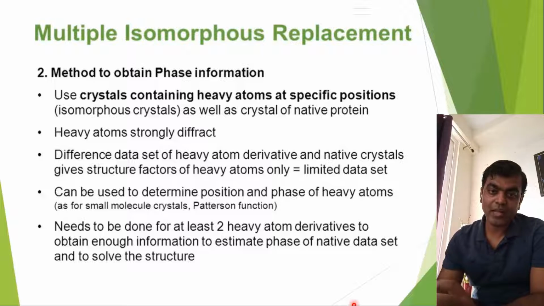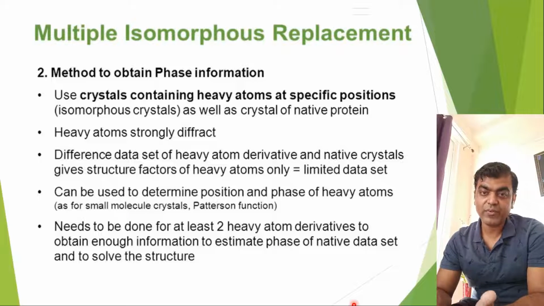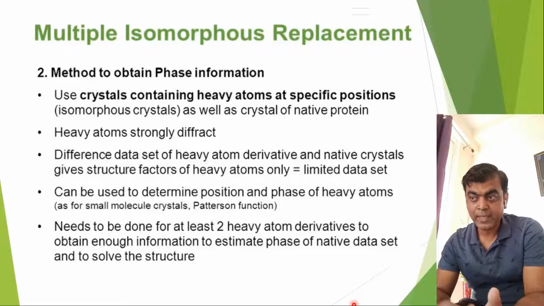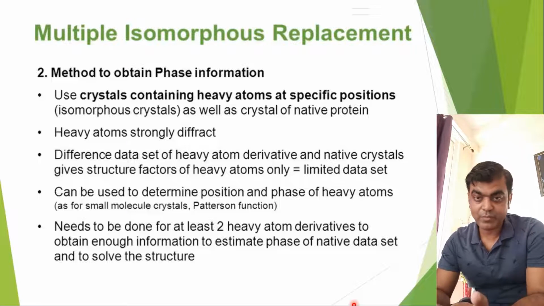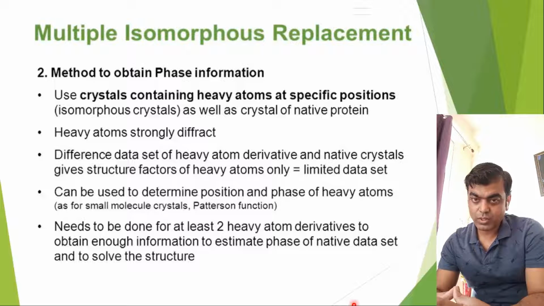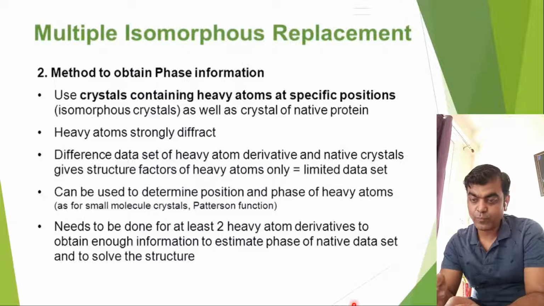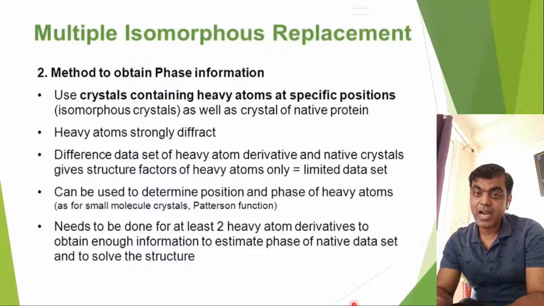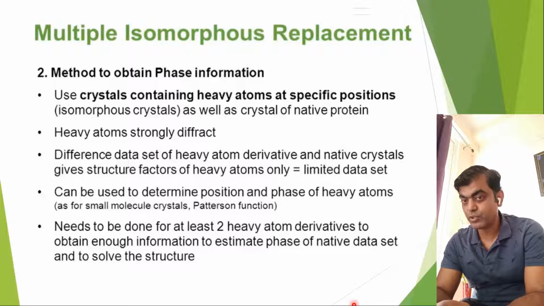And then from the phase value, you see the match with the F, and take that phase value for your structure also. That is one method. In this multiple isomorphous method, you have a similar structure, but in this similar structure you know the positions of your heavy atoms.